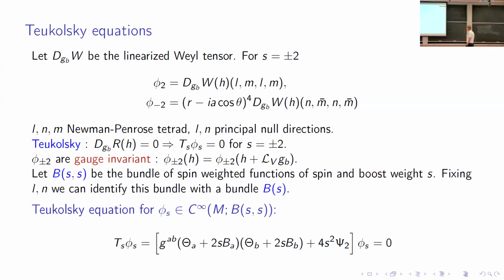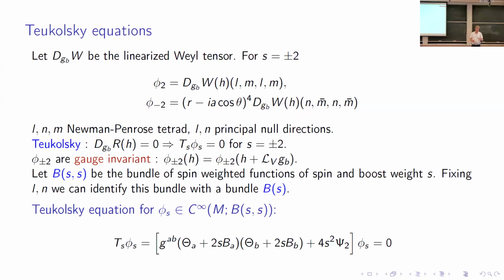There is some complication that I think one has to take seriously. These are not really scalars. They are living in a quite complicated bundle, characterized by spin weight and by boost weight. Here, in my formulation, the spin weight is the same as the boost weight. Where does it come from? It comes from the fact that you don't want to fix your tetrad.